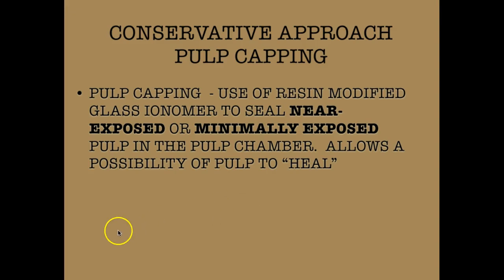Many dentists feel like they want to give this tooth a chance to perhaps heal, the pulp a possibility to heal, so they place a resin-modified glass ionomer as a liner to seal that, and that may give the pulp a chance to heal, so to speak, and reparative dentin to form, and therefore endodontic treatment is avoided.